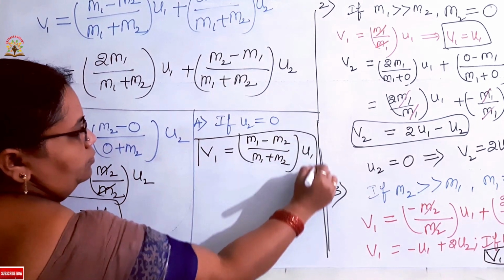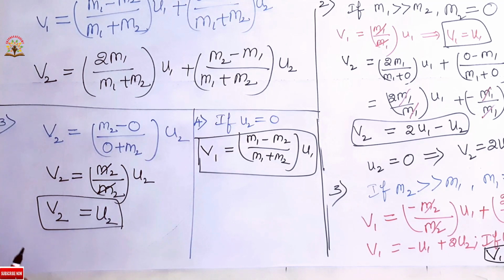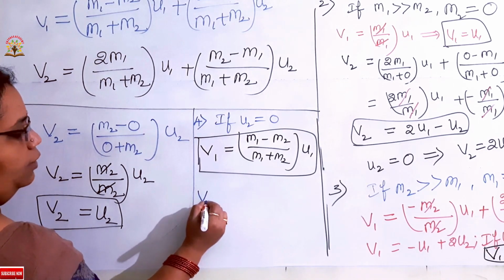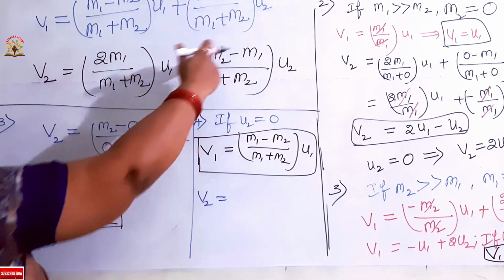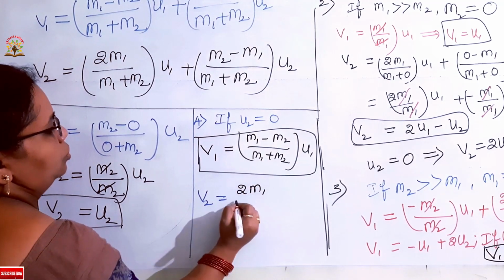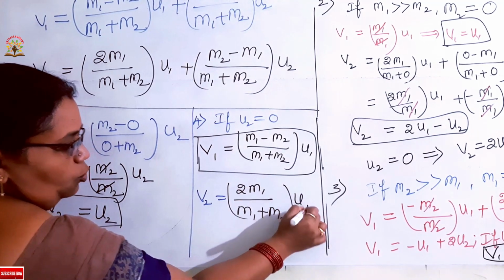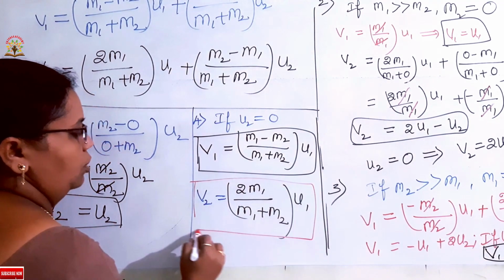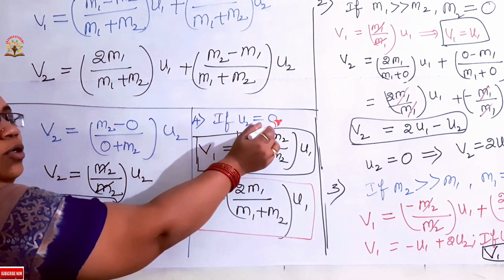Next, substituting u2 is equal to 0, what is V2? If u2 is equal to 0, the entire term is equal to 0. Then V2 is equal to 2m1 by m1 plus m2 into u1. These are the final velocities of two bodies after collision when u2 is equal to 0.